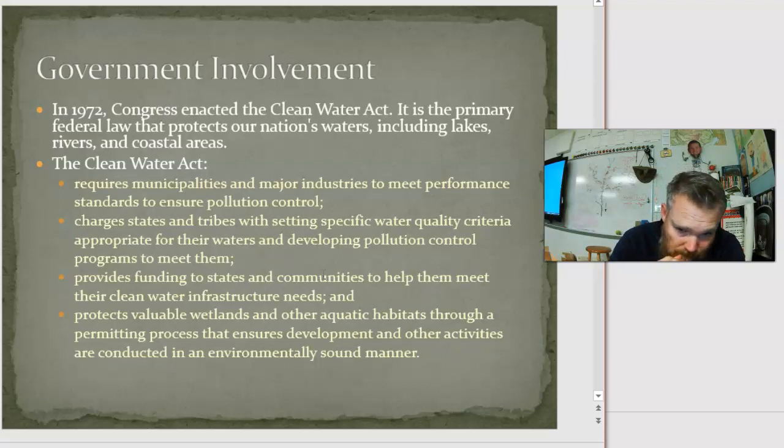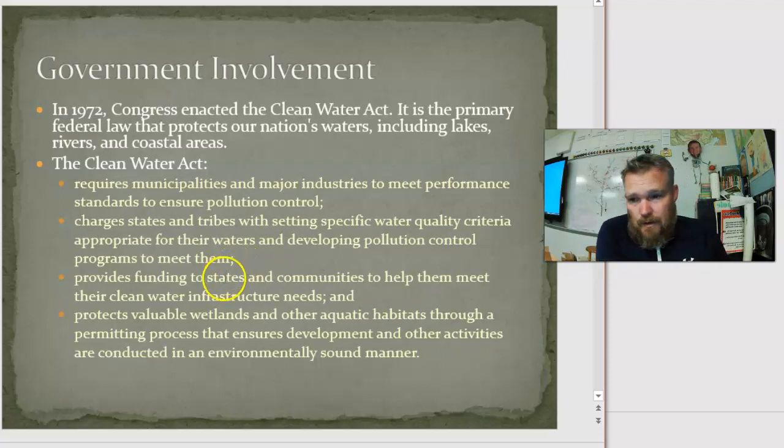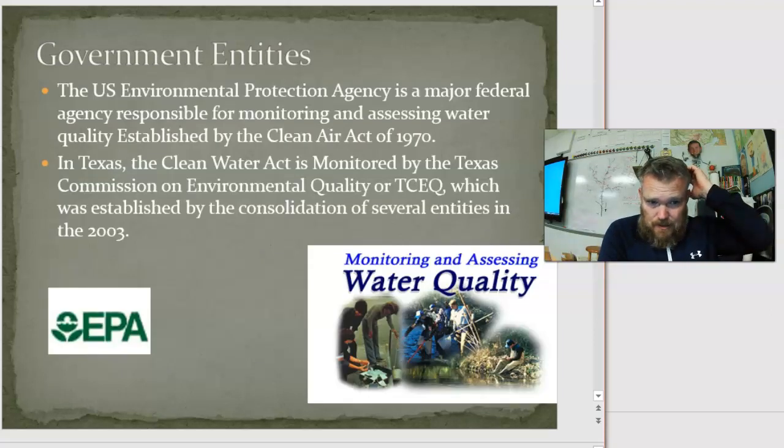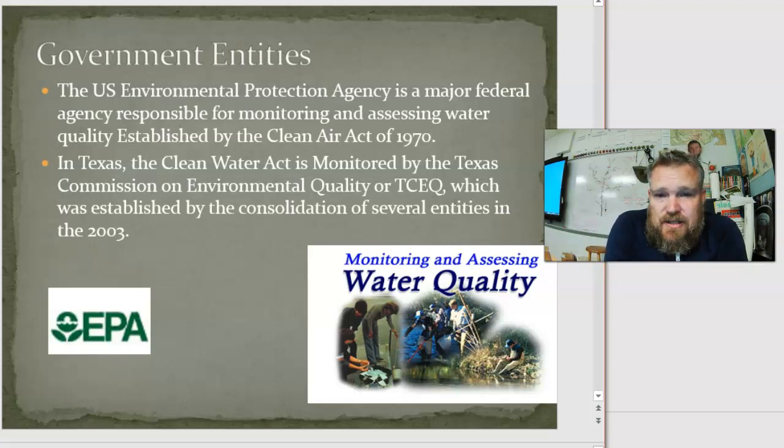And then it also protects, ultimately, the environment, specifically with respect to water environments. So with that, the government, with the Clean Air Act, the government enacted the agency that is in control of that. That's called the Environmental Protection Agency, or the EPA.